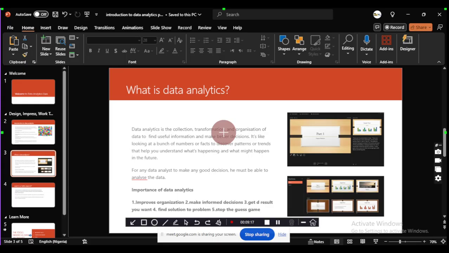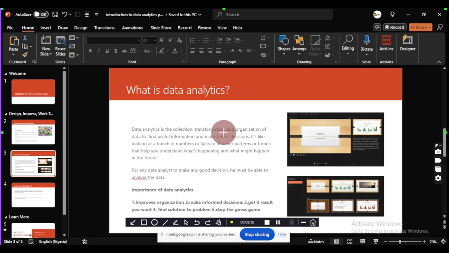They have it, but they don't know how to communicate with that data to make informed decisions. They just have it. So it is the work of the data analyst to use the tools for analytics to communicate with that data so that they can make decisions from that data.